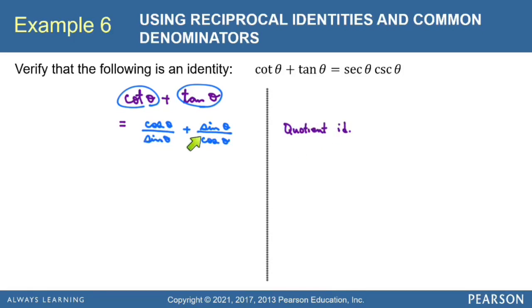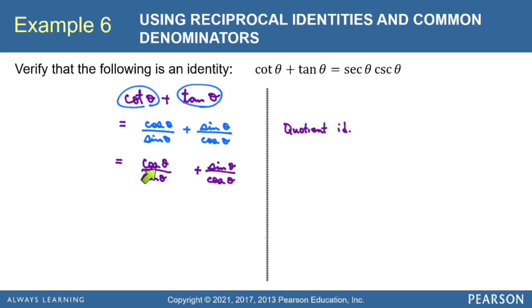Now, in order to accomplish the addition, I'm going to have to get a common denominator. So let me recopy this just so you can see what's going on. And I've spread the terms apart a little bit so I have room to write. Now, this denominator is sine of theta, and the other denominator is cosine of theta. So this first denominator needs a cosine of theta in it.